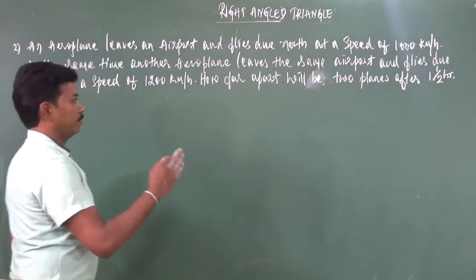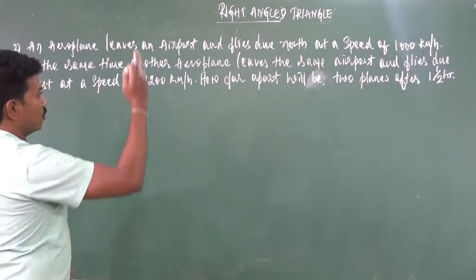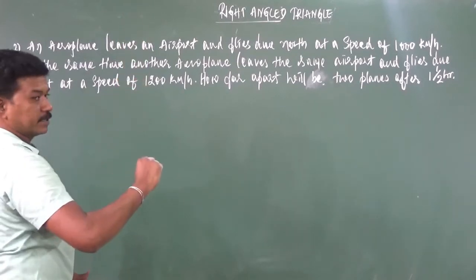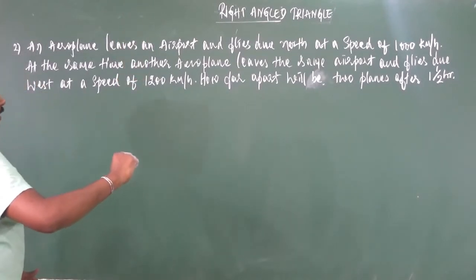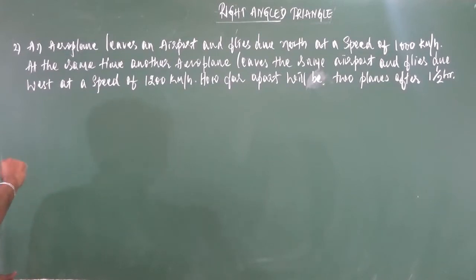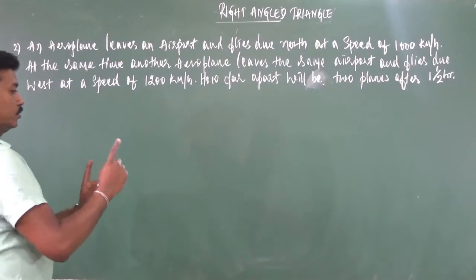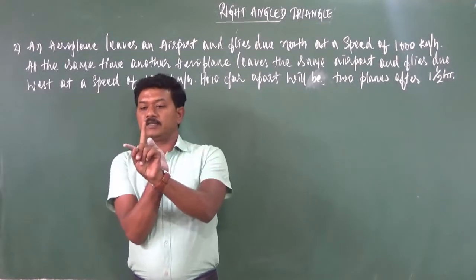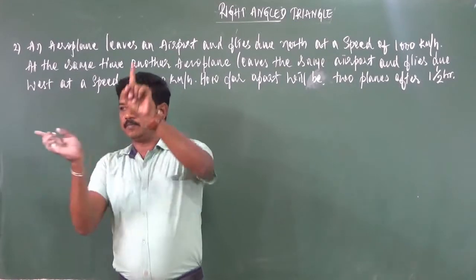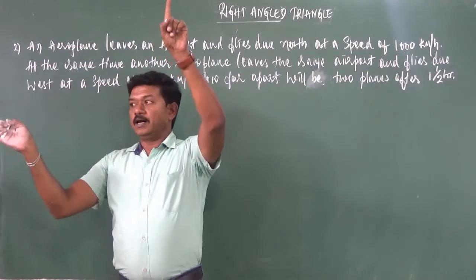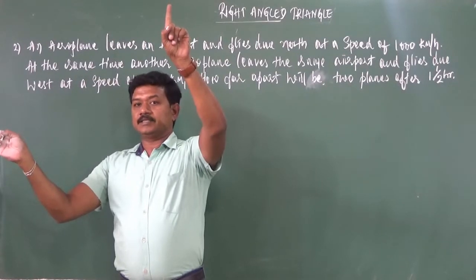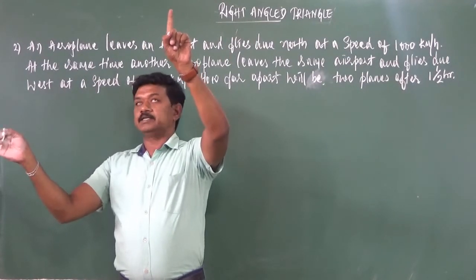So one aeroplane goes towards north at a speed of 1000 km per hour. At the same time, another aeroplane leaves the same airport and flies at a speed of 1200 km per hour. So the two aeroplanes are moving in these directions, one towards north, another towards west. After traveling 1.5 hours, how much distance are they apart?